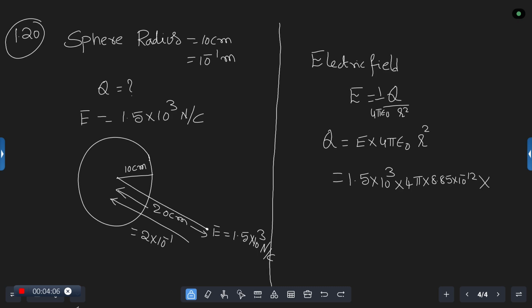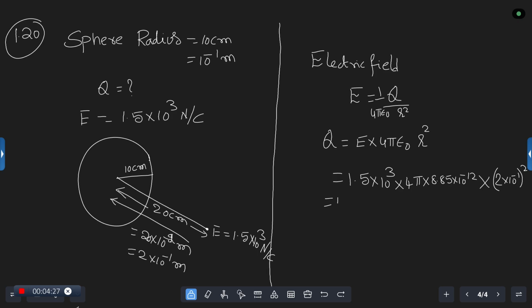How much you will get? 20 into 10 power minus 2 meter. So you will get 2 into 10 power minus 1 meter. Okay, so square: 2 into 10 power minus 1 whole square.